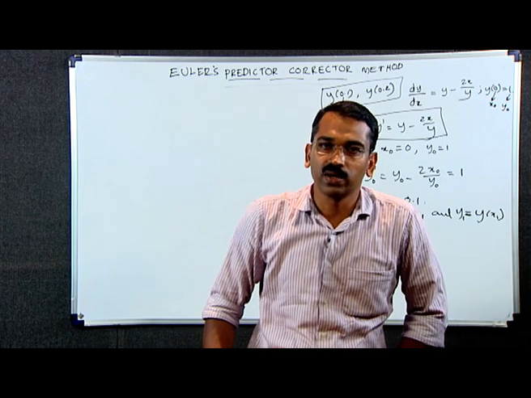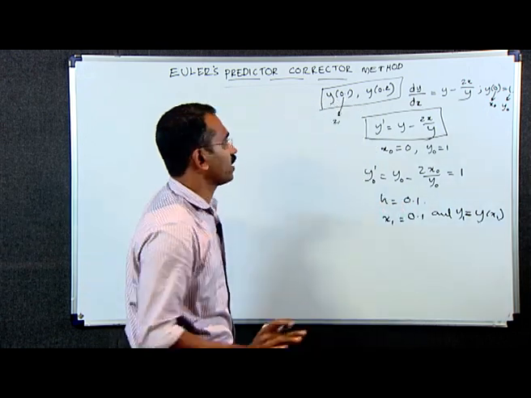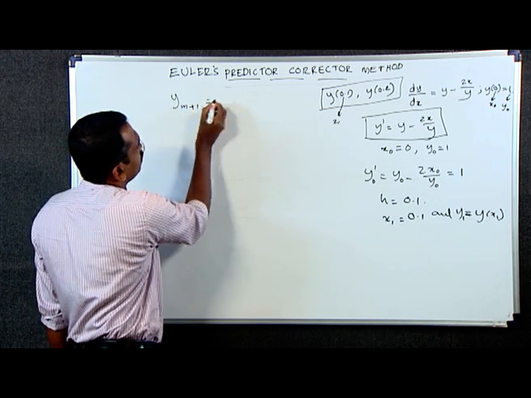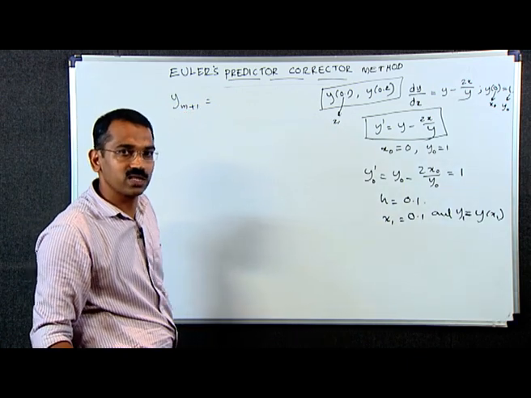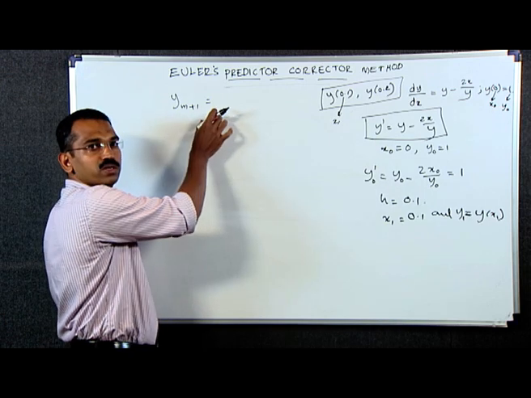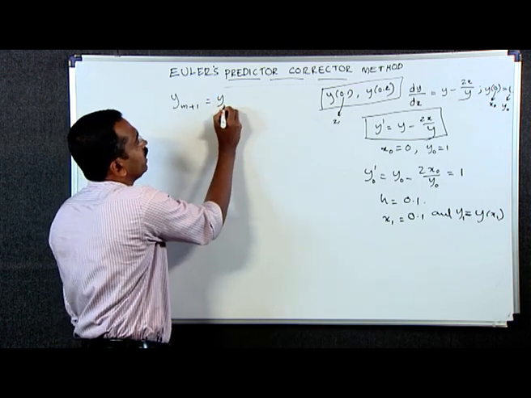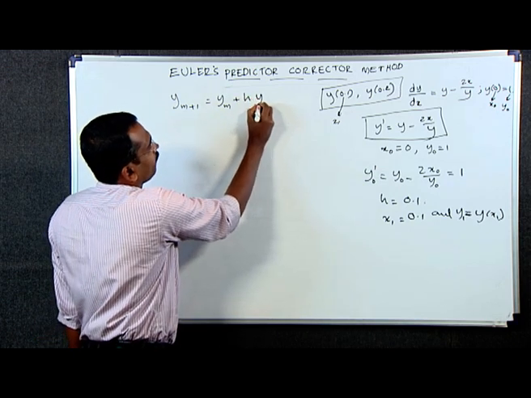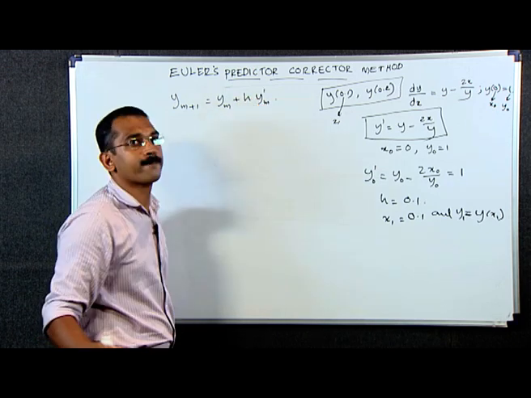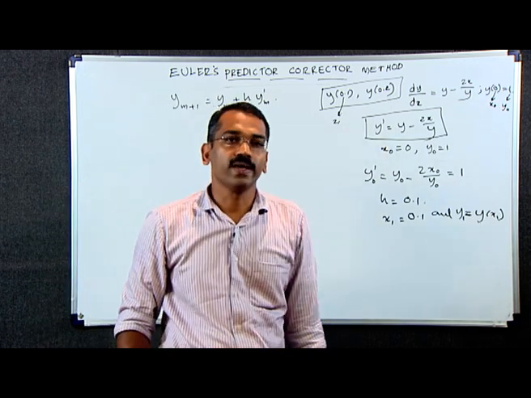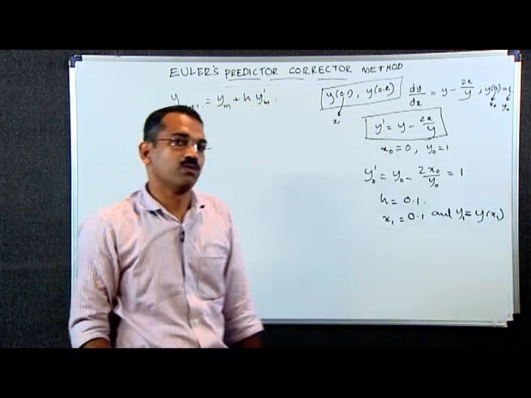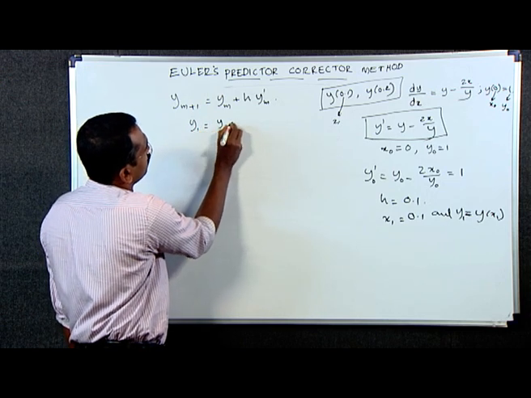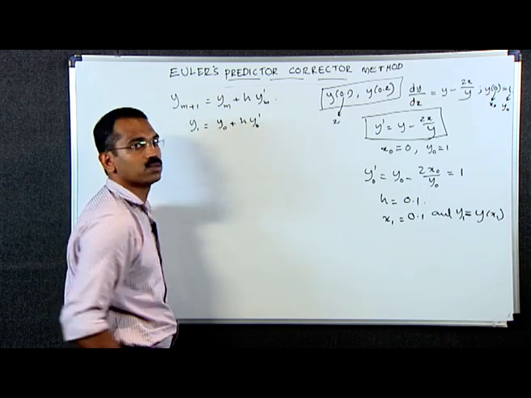By Euler's predictor formula, we write y m plus 1 is equal to y m plus h into y dash m. Putting m is equal to 0, we get y1 as y naught plus h into y naught dash.